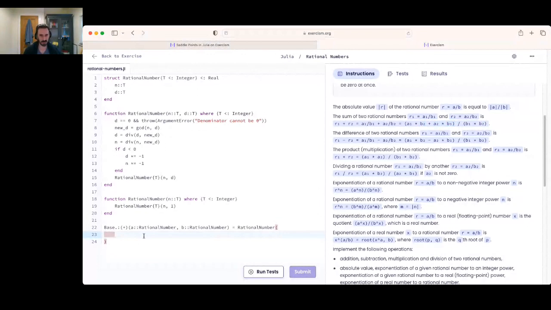So our numerator is, because we're just constructing another rational number, so we can construct it by just doing a numerator. So A1 would be A dot n, so it's the numerator of A times the denominator of B, so B2, so B dot d, plus the denominator of A2, so A dot d, times B dot n.